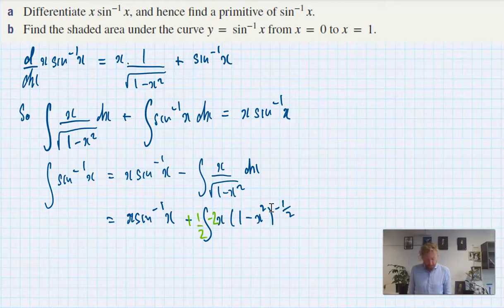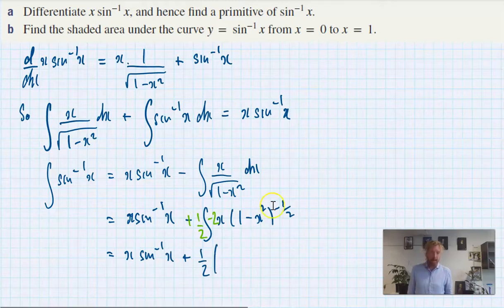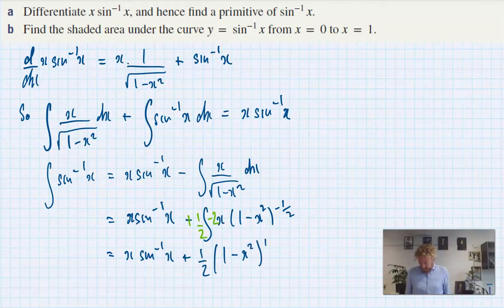Then I get x sine inverse x plus a half, and this was just a function with the derivative sitting out the front, so that's 1 minus x squared to the half, because I added 1 to minus a half, and then it's also divided by a half.